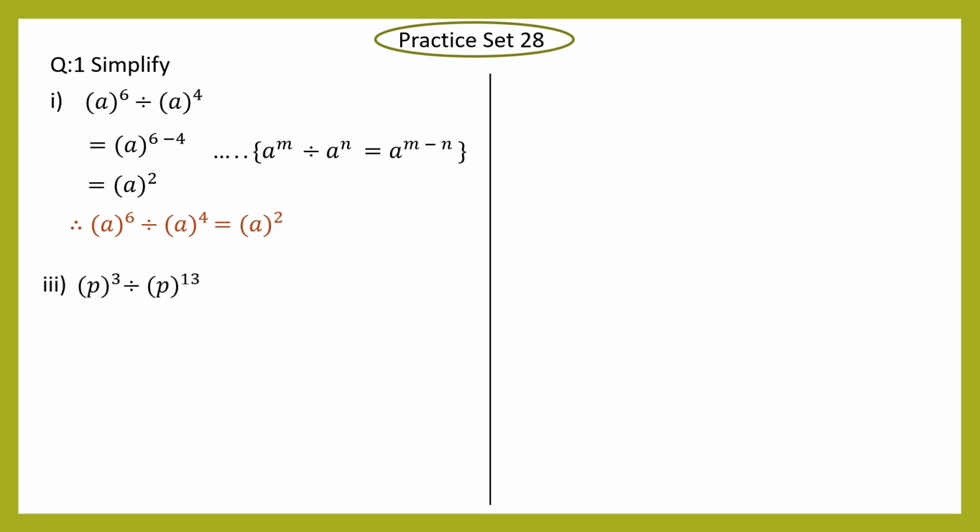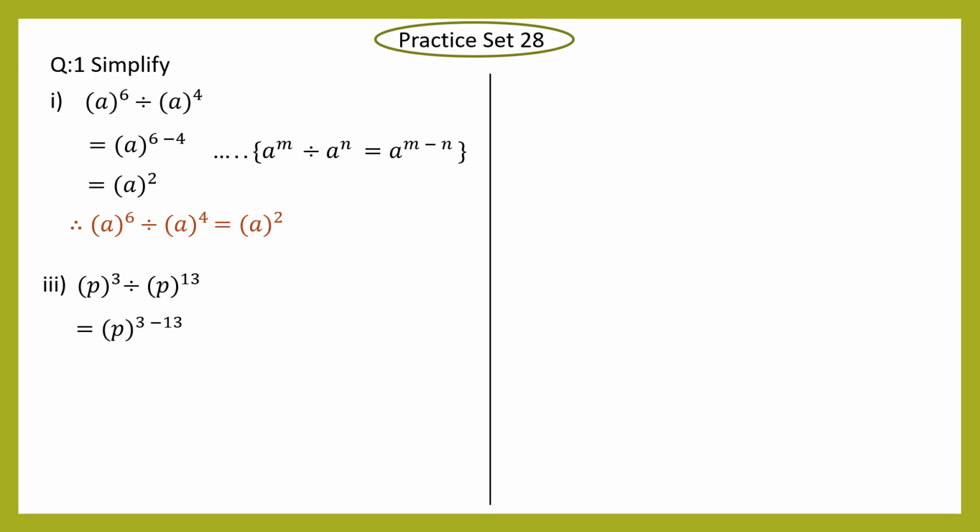Sub question 3, we have p cube divided by p raised to 13. Here also we can observe both the numbers in the index form have same base, and in between we have divide sign, so powers will be subtracted. So we can write the next step is equals to p raised to 3 minus 13.